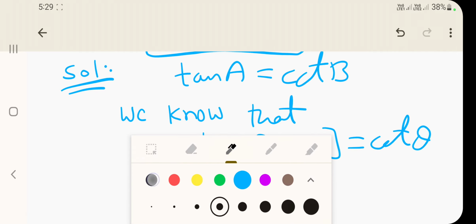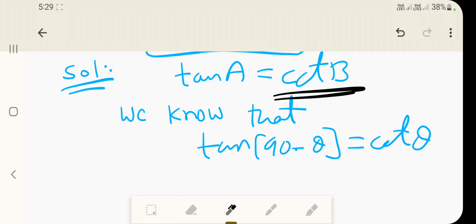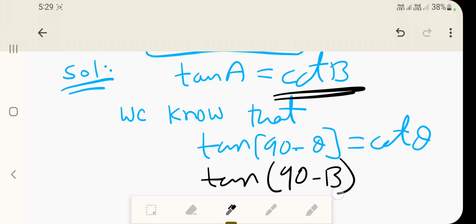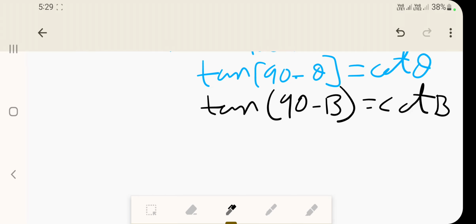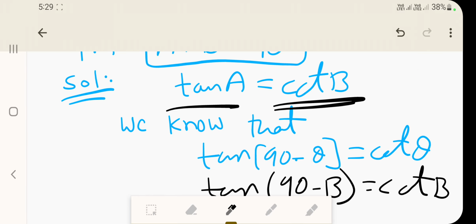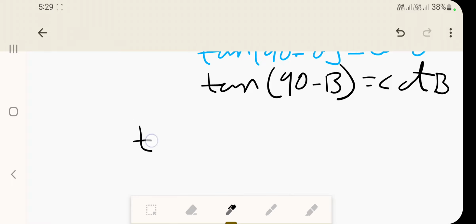So in the given problem, the RHS cot B can be replaced with tan 90 minus B. Tan 90 minus B is nothing but cot B. So RHS cot B is replaced with tan 90 minus B, and LHS we have tan A.